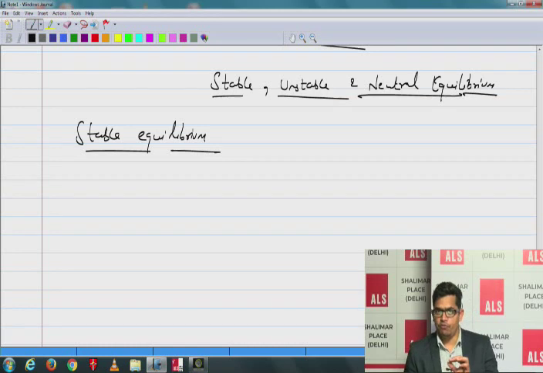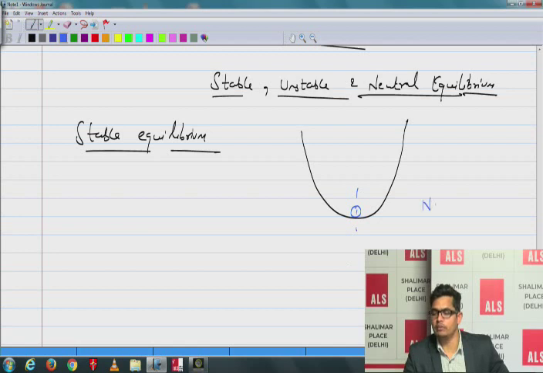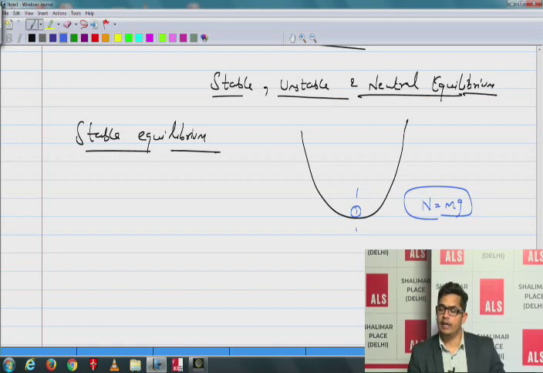Imagine this U-shaped road and we have a ball here. It is at equilibrium because normal is equal to mg. Equilibrium means net force is 0. Now it is at stable equilibrium.